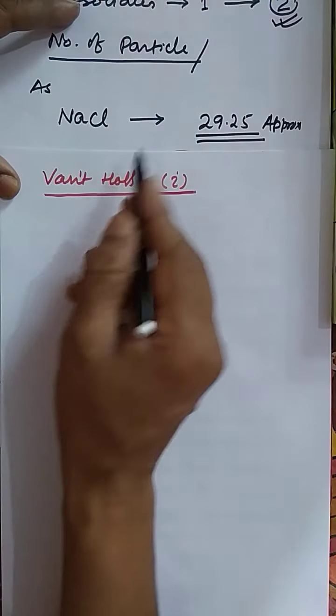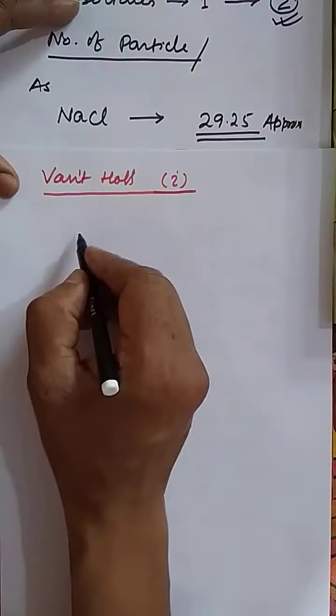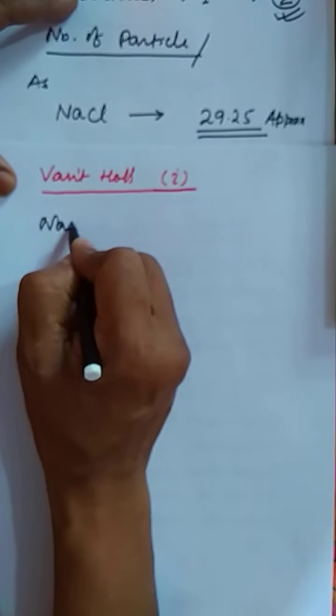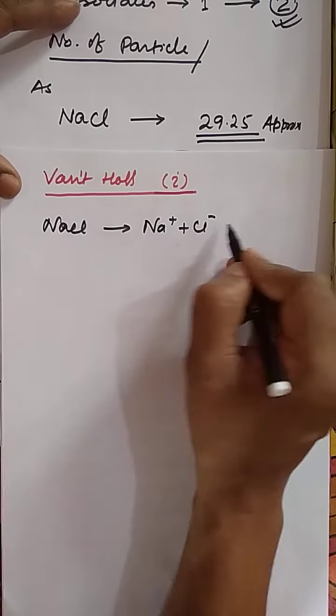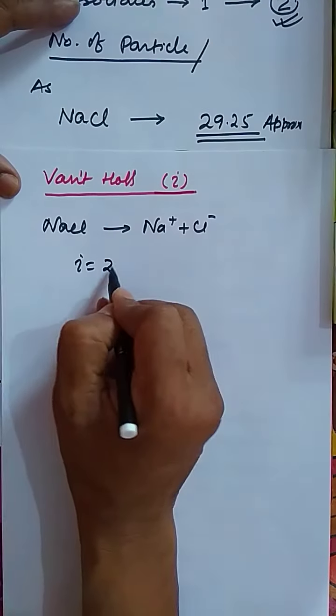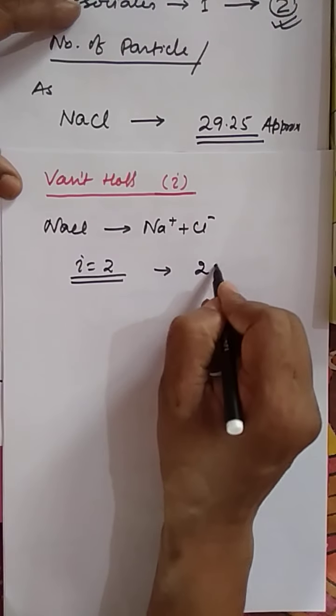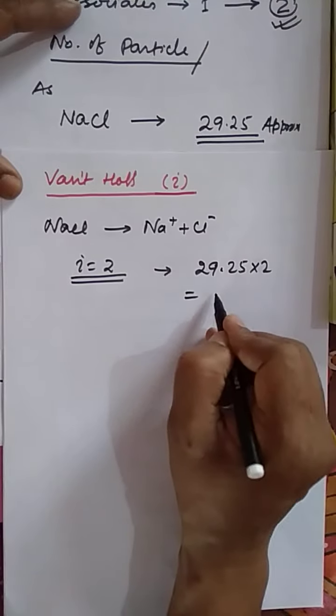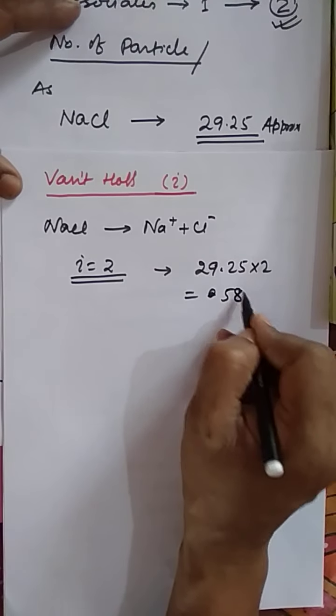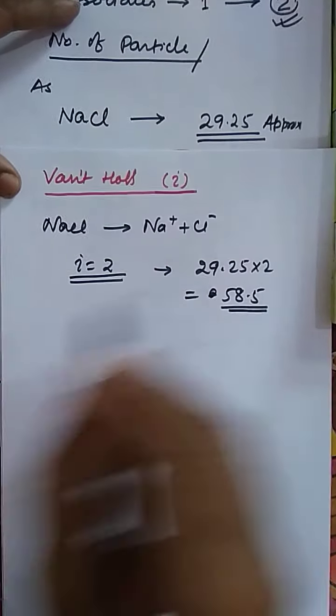So what is the value of i in case of NaCl? This is 2. i is equal to 2. So definitely this value is multiplied by 2. 29.25 multiplied by 2 and it becomes 58.5. So this is the accurate value.